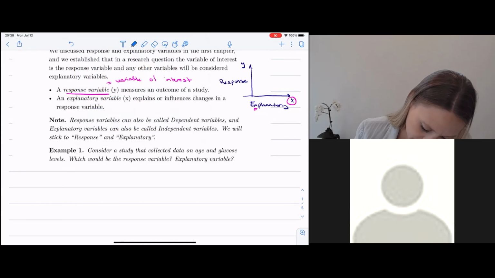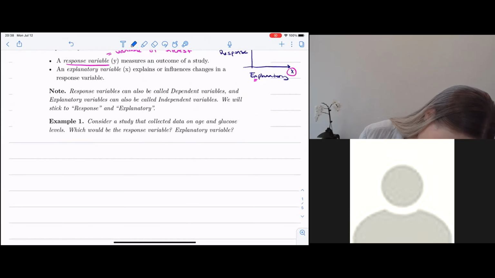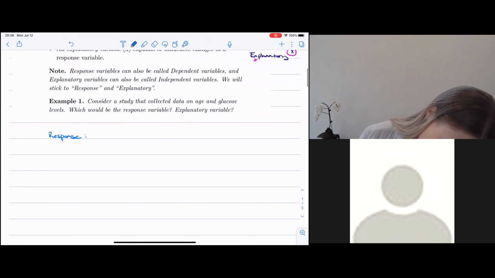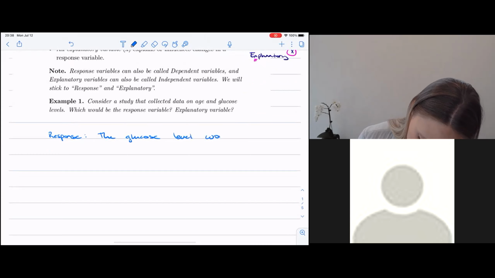So here, the response, the glucose level, would be the response variable.